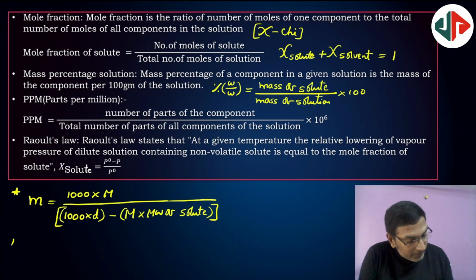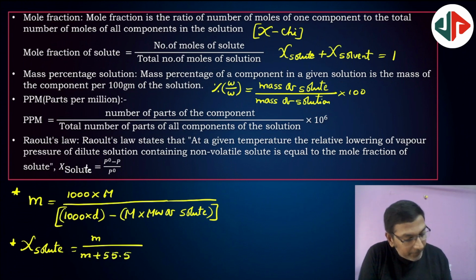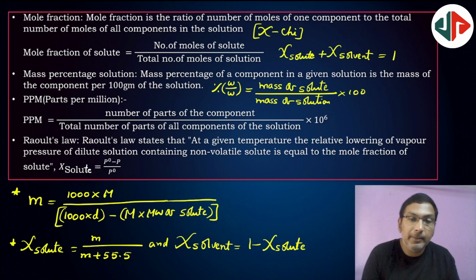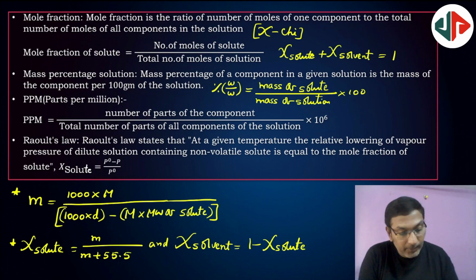Next, one more. Mole fraction and molality. Mole fraction of solute equal to molality by m plus 55.5. And the mole fraction of solvent equal to 1 minus mole fraction of solute. Remember this formula. Next, Raoult's law.